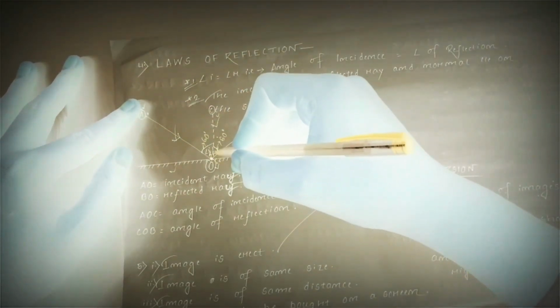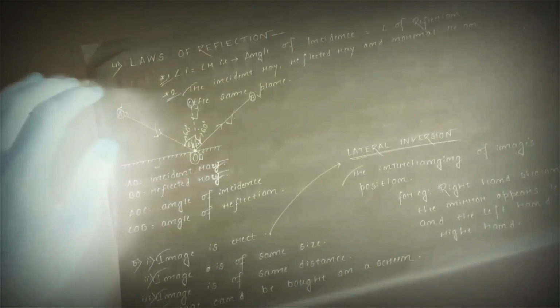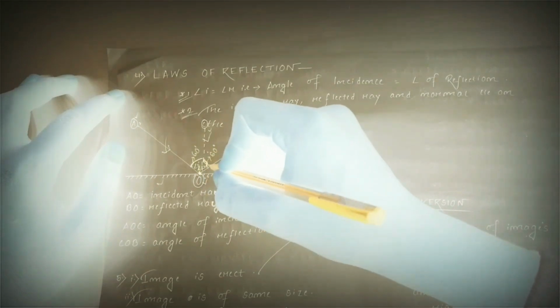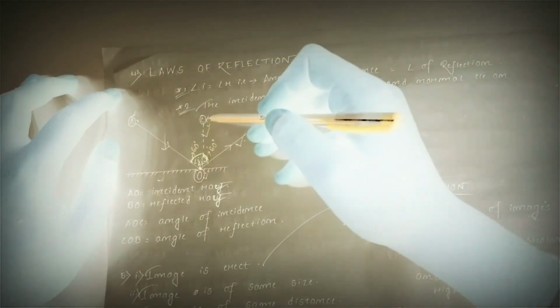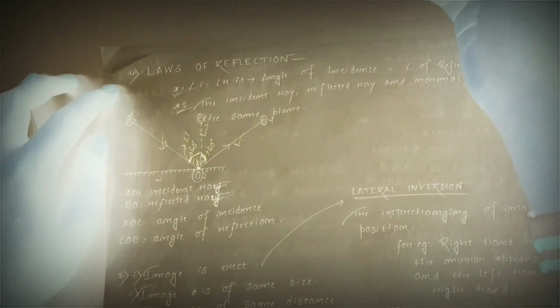Now what is the angle of incidence? We draw a perpendicular, or a 90-degree line, from point O. This is just a perpendicular line, a straight line drawn. Now there's an angle created, as you can see here. In a similar manner, AOC is called the angle of incidence, represented by angle i.